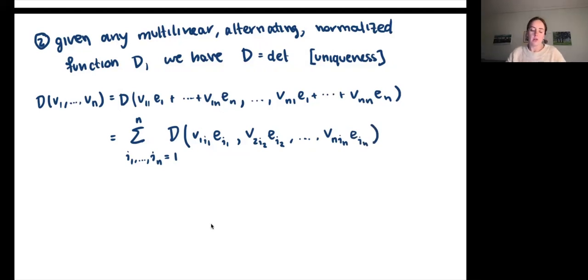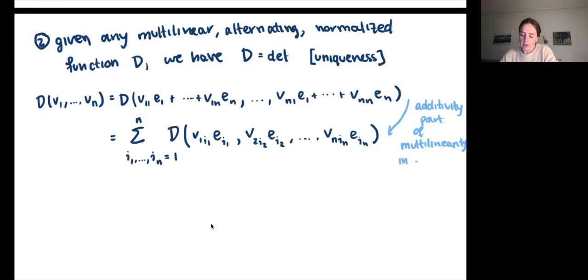In this step, I've just done the additivity part of multilinearity. Instead of doing it step by step, one step for each coordinate, I just wrote what you would get after applying this in every coordinate.